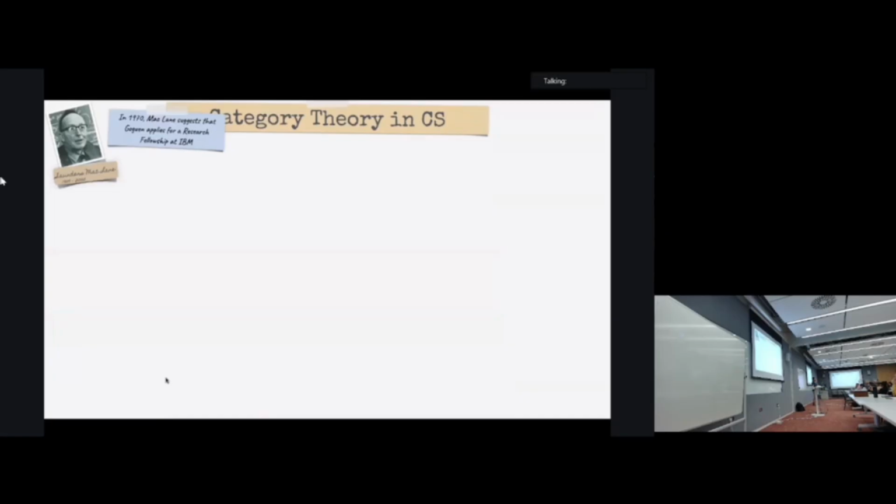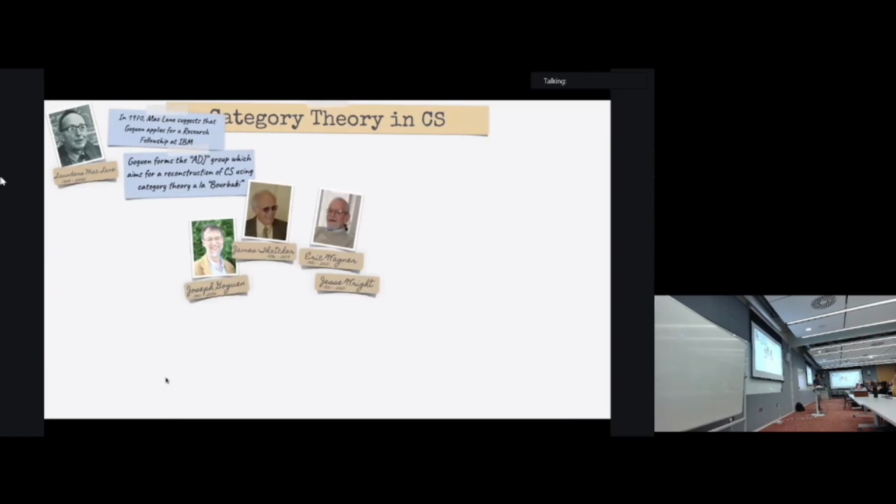Another big increase of category theory in CS came in 1970, when Mac Lane, the father of category theory, speaks to Goguen and a few other people, and they formed something called the ADJ group, which wanted to rewrite the foundations of computer science using category theory as its foundation, very much like Nicolas Bourbaki, that French mathematician who's not a single person, right?